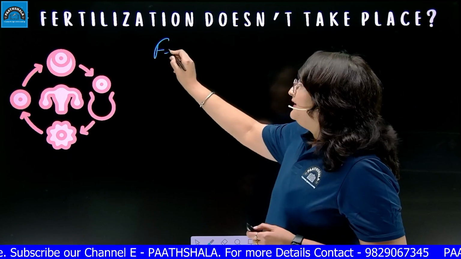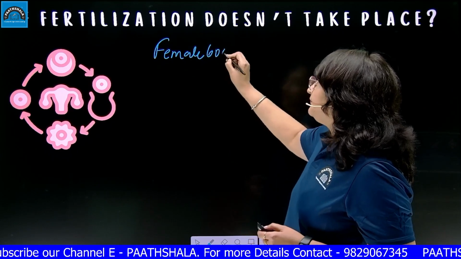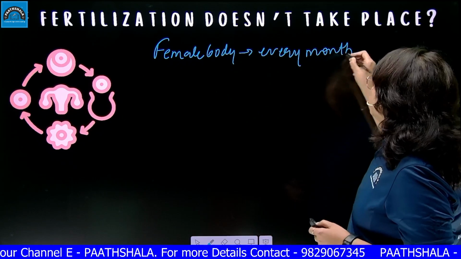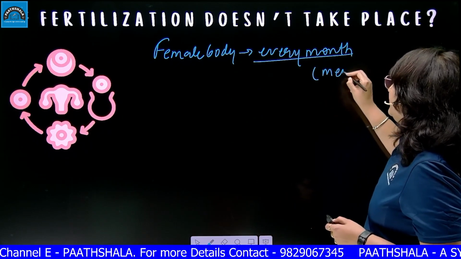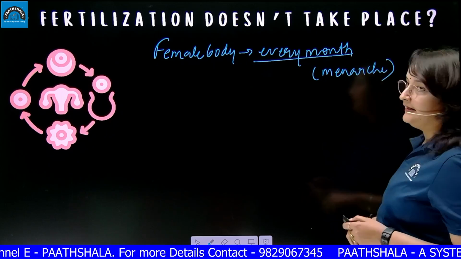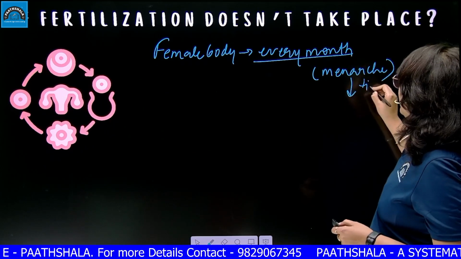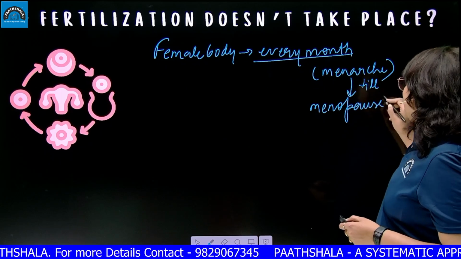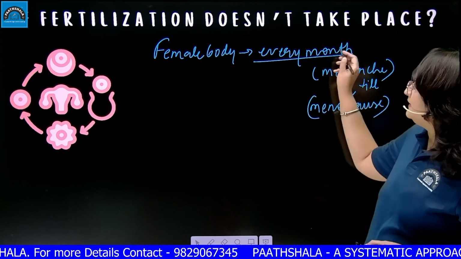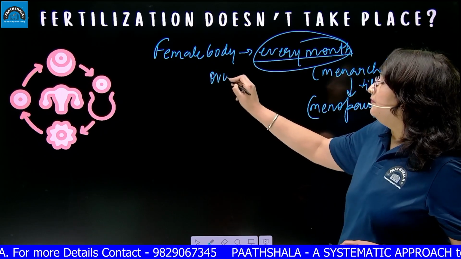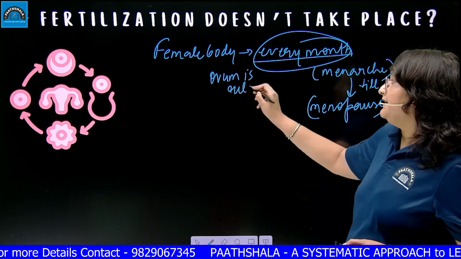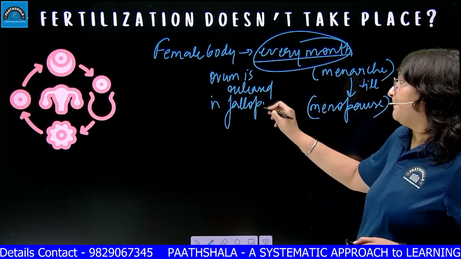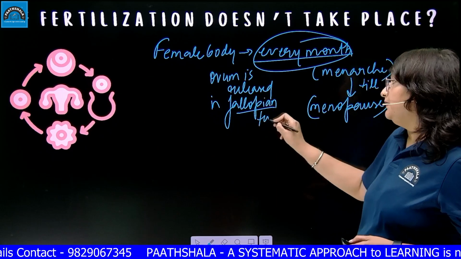Like I said, in the female body, every month, from menarche, the onset of the menstrual cycle, till menopause, till the menstrual cycle stops, every month an ovum is released in the fallopian tube.